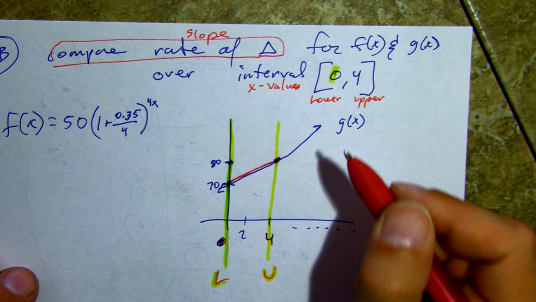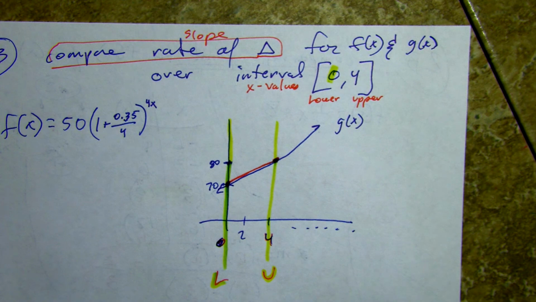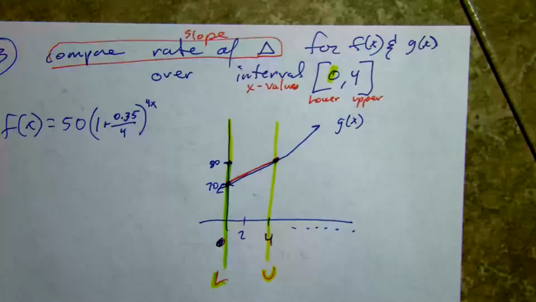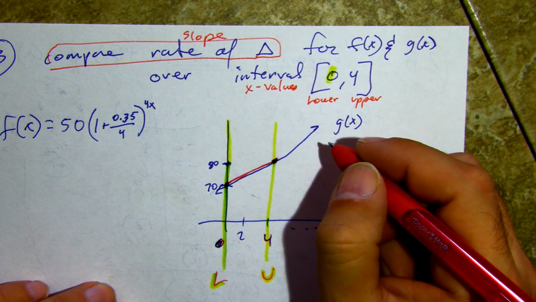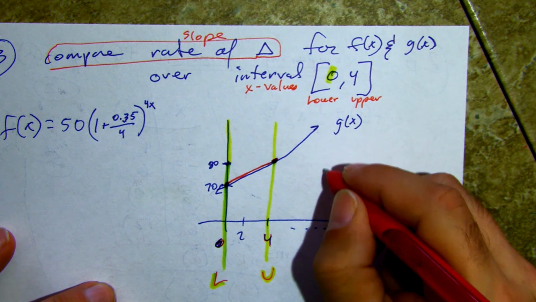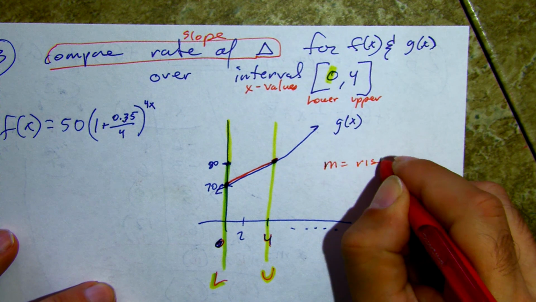We're just looking for the slope of that line. We could find those points and do all this work, but really all I need to remember is that slope is the rise over the run.